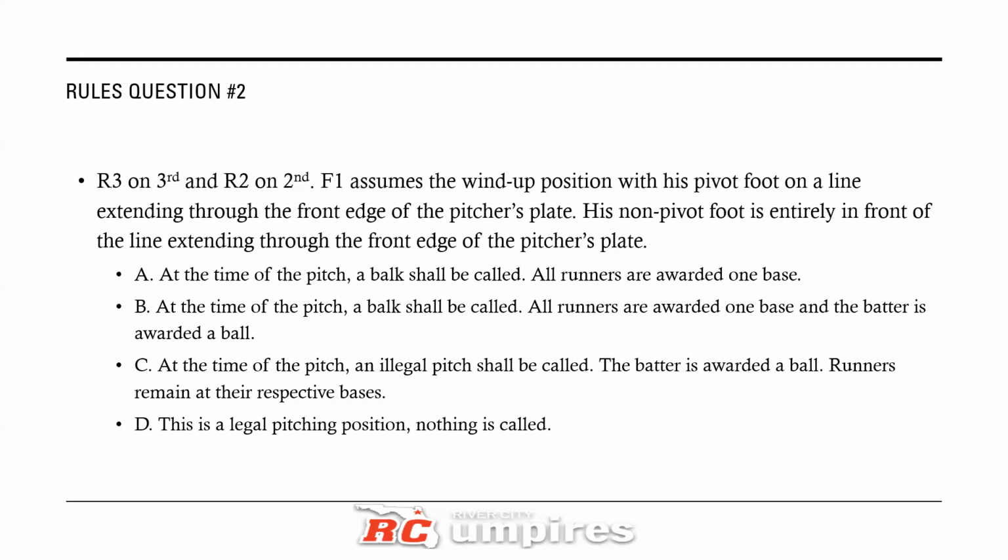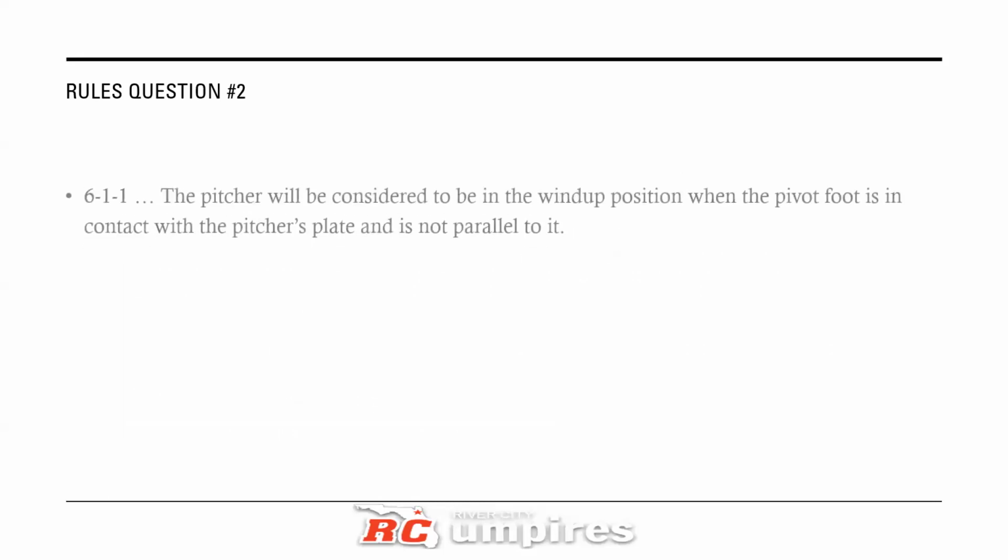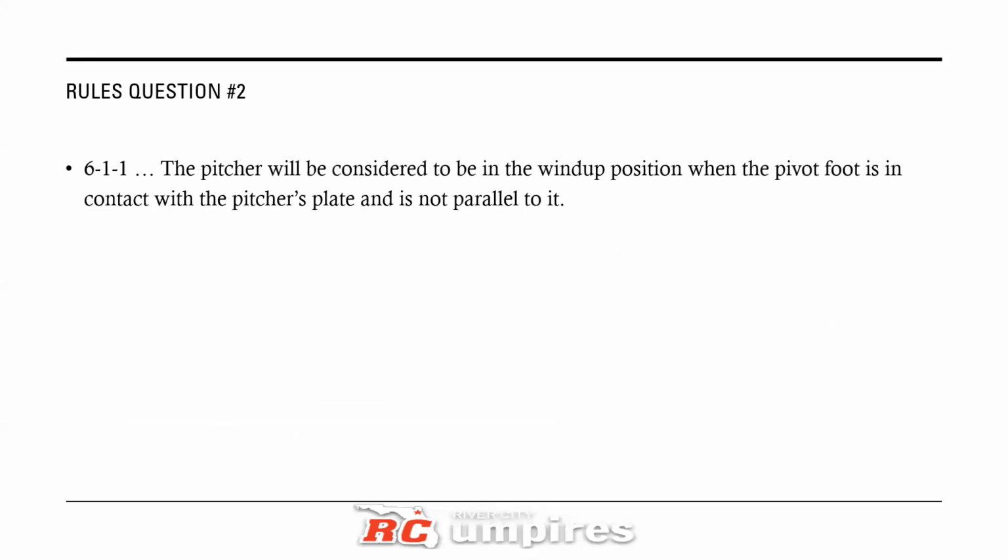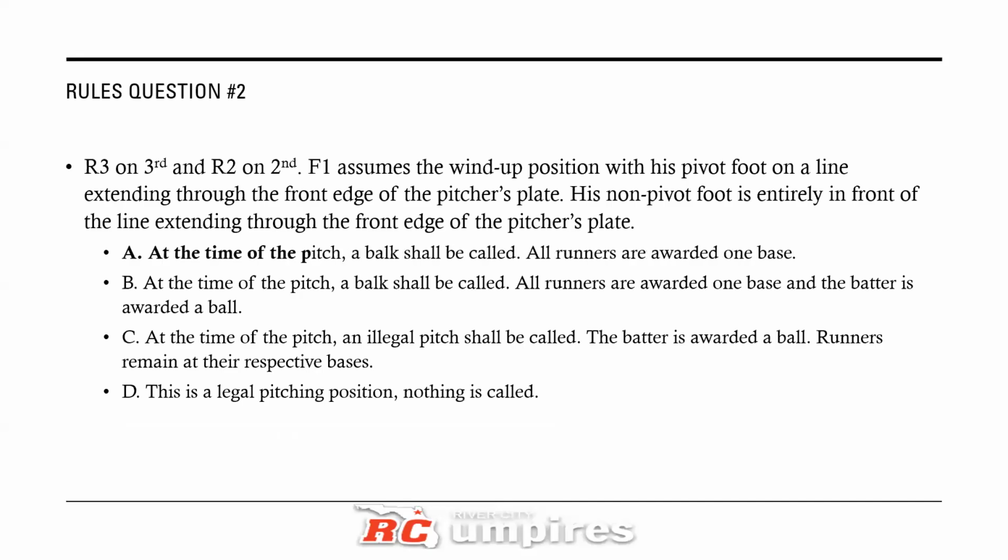Is this legal or not? Say D, no, legal pitching position. It is a legal pitching position. Pivot foot. All we care about is the pivot foot. The pivot foot is in contact with the pitcher's plate and is not parallel to it. Well, my bad. It should be D.